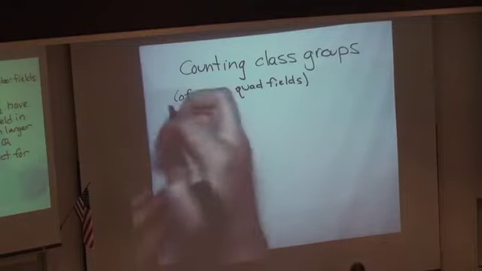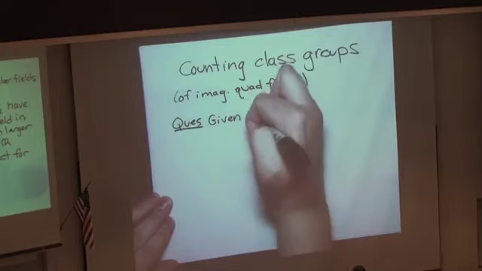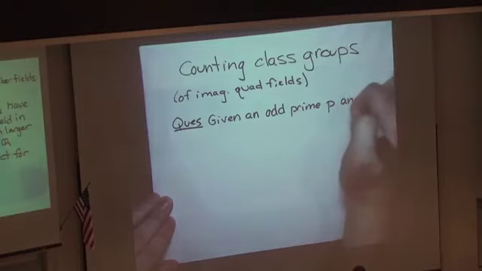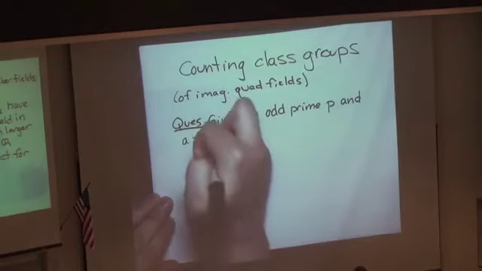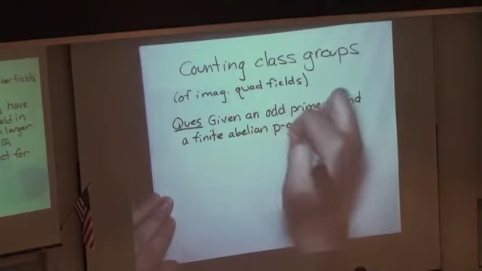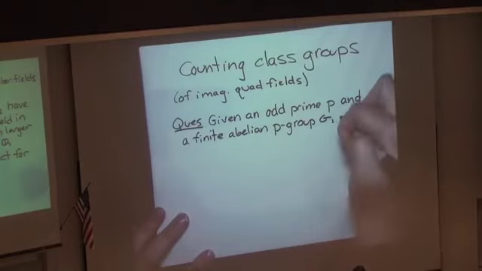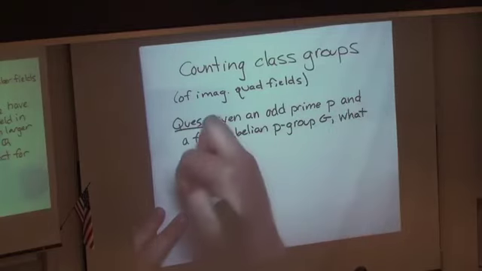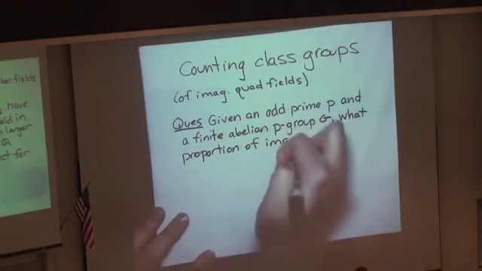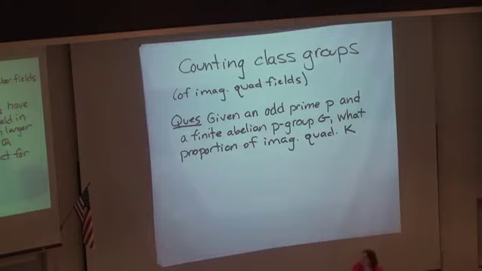So here's a question, which is given an odd prime P and a finite P-group G, what proportion of imaginary quadratic fields have the P-part of the class group isomorphic to G?